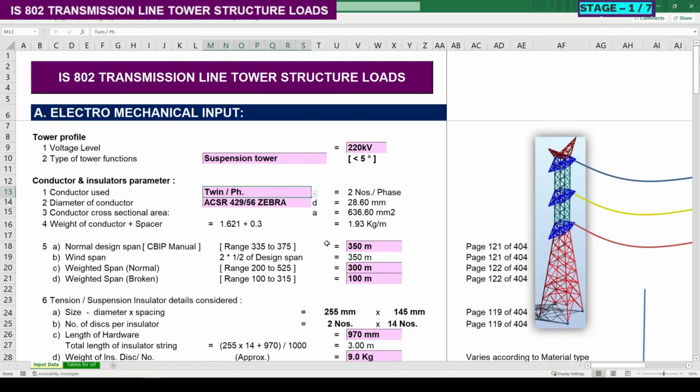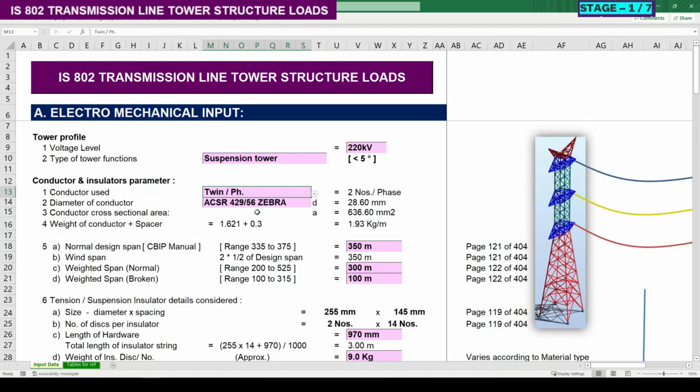Up to 66 kV, we can consider a single conductor. If it is 220 kV, it is better to have a twin conductor. And if it is 400 kV, we can consider a quad, or 4 conductors.